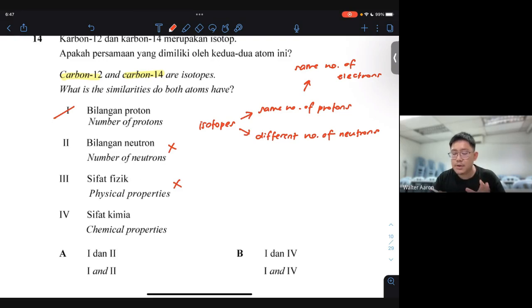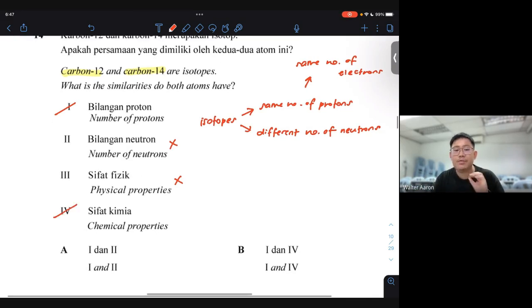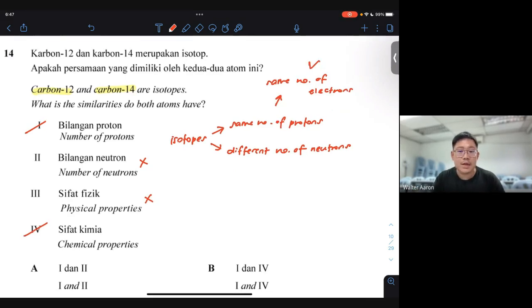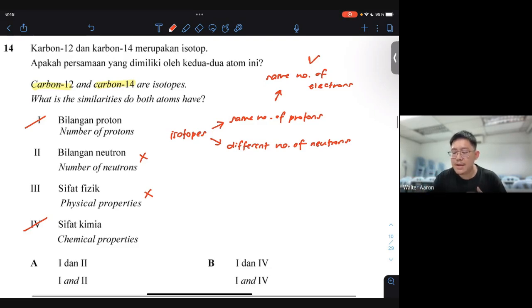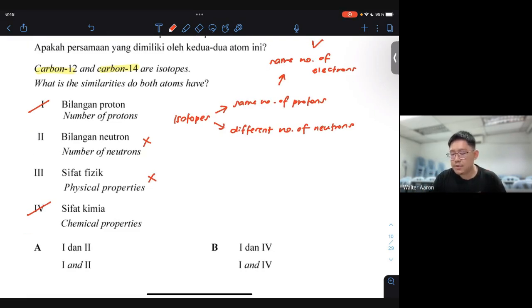They're not the same because they have different mass technically. But chemical properties, yes, they do have the same chemical properties because they do have the same number of electrons. If they have the same number of electrons, they should technically have the same number of valence electrons, because atoms tend to react and interact with other atoms based on their valence electrons. So therefore, B will be the best answer, 1 and 4.